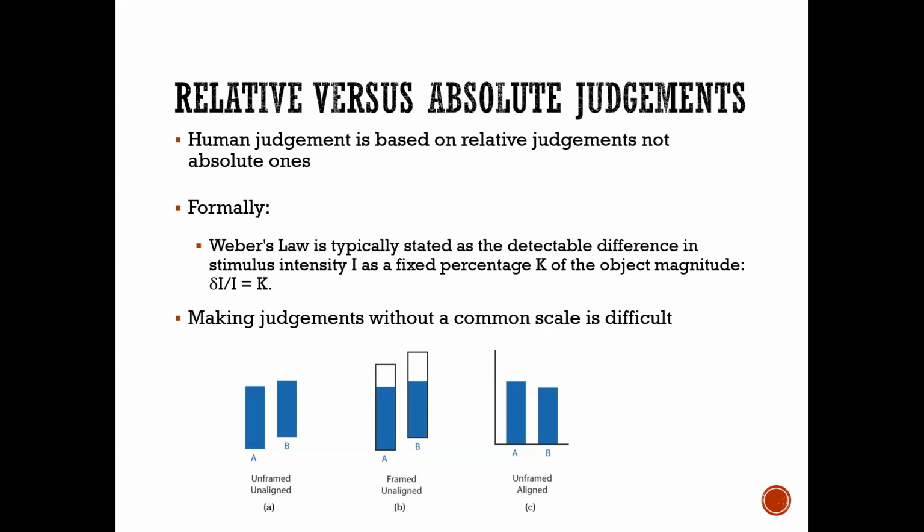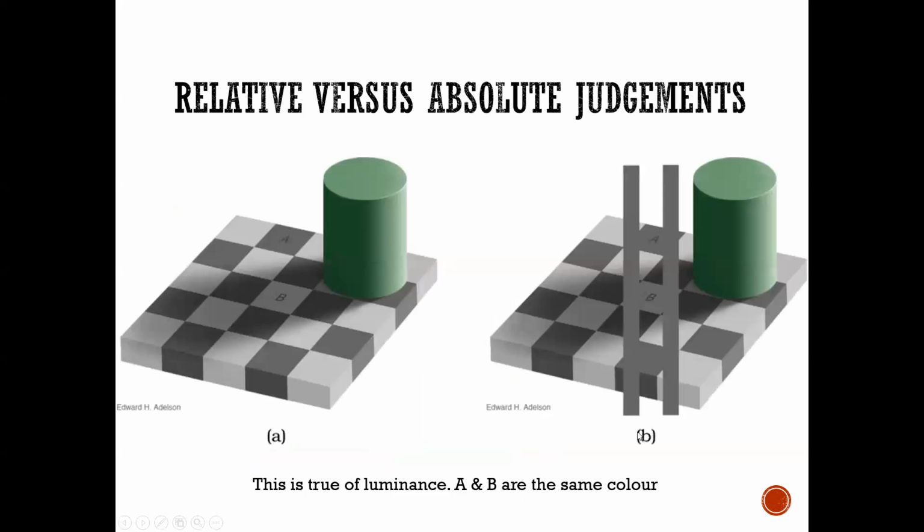So, which one's bigger, A or B? It's hard with the unframed, unaligned. Framed and aligned, a bit easier to distinguish, but definitely when we have them unframed and aligned, we have a common scale and we can make that judgment.